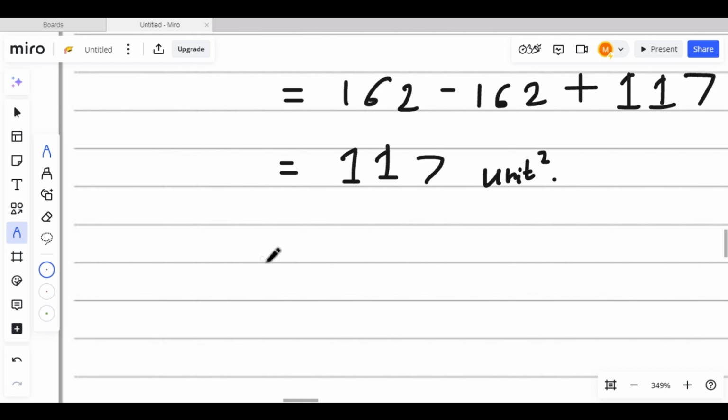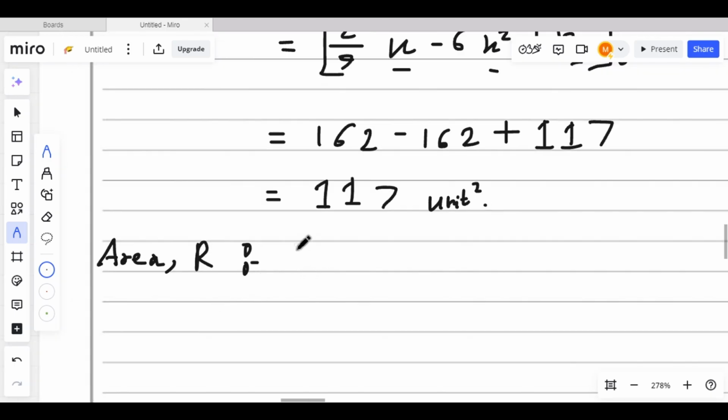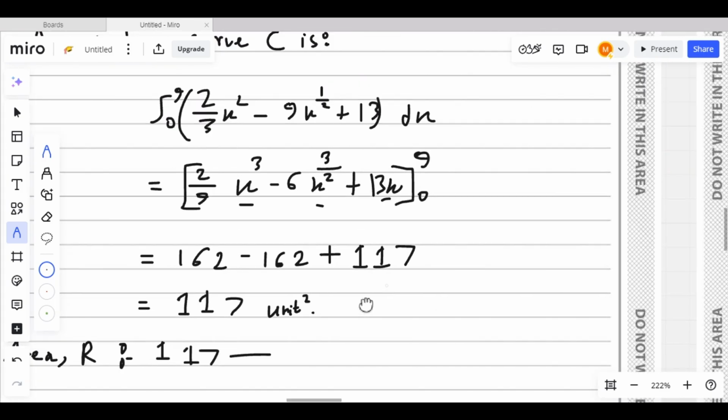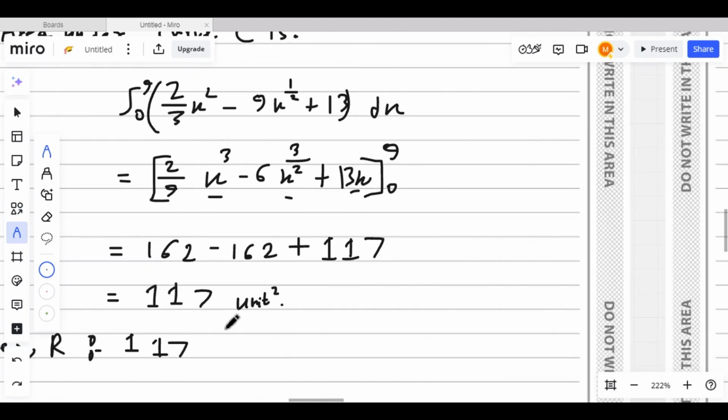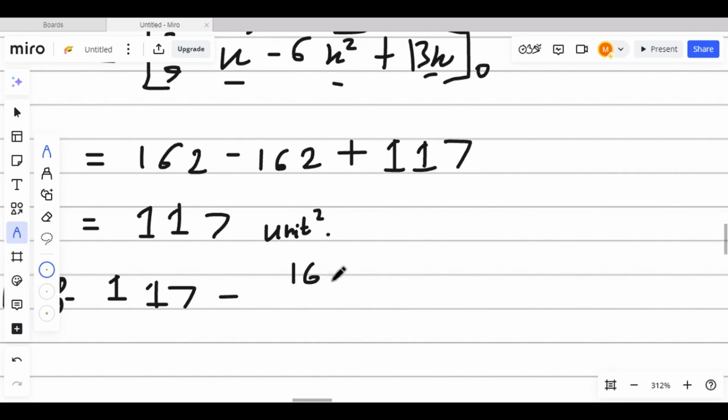Now the area of region R. That would be what? Area under the curve C, 117, minus the area of the triangle, which is 1600 over 21.